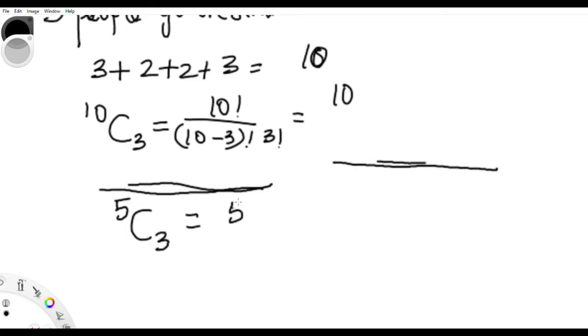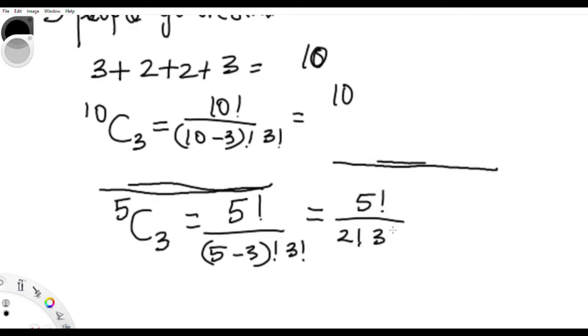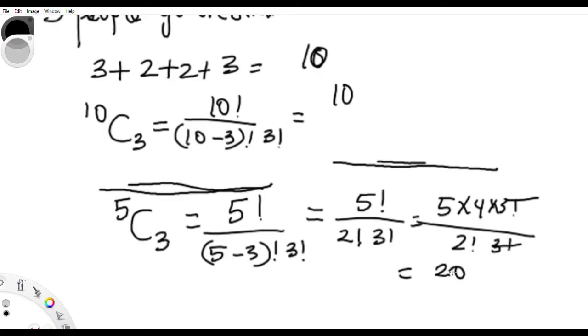So that's 5 factorial over 5 minus 3 factorial, 3 factorial, and that's 5 factorial over 2 factorial 3 factorial, 5 times 4 times 3 factorial all over 2 factorial 3 factorial, and that's 20 all over 2, which is what? 10.